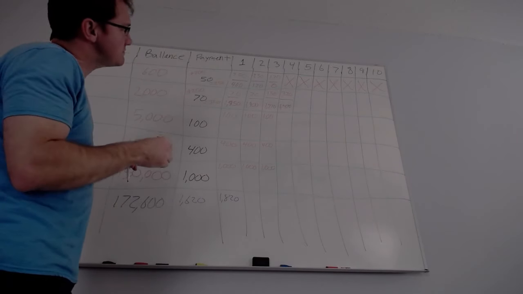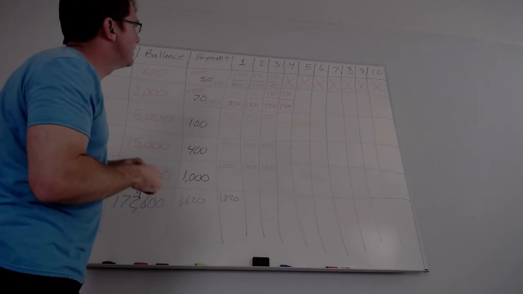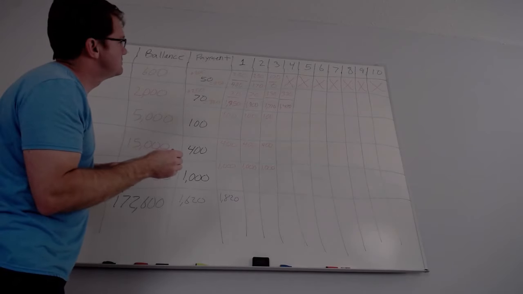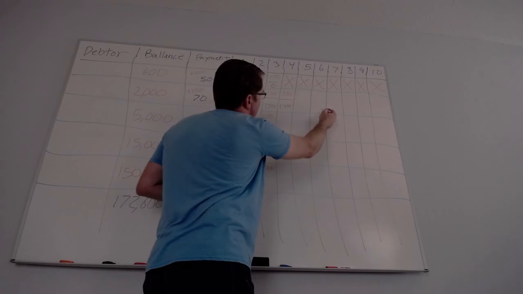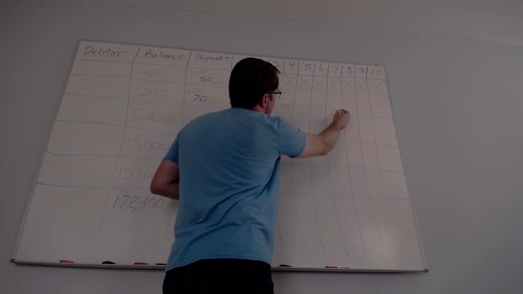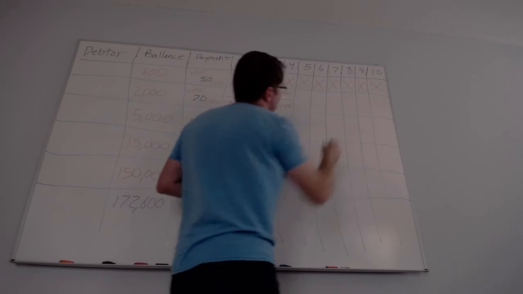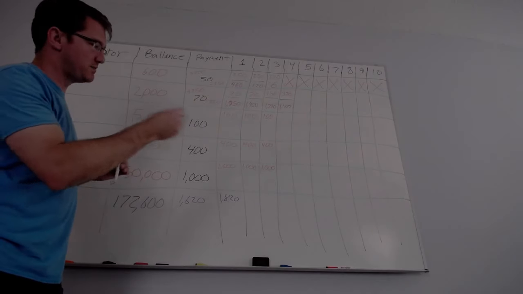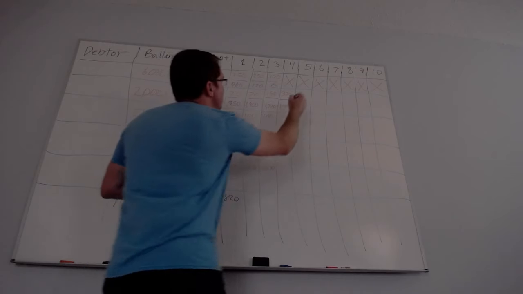Okay. I should have picked a smaller balance. That way you got to kind of see it. Let's see. 1170, 870, 570. All right, well, I'll just play it all the way out. Okay? All right. So we'll do 320.